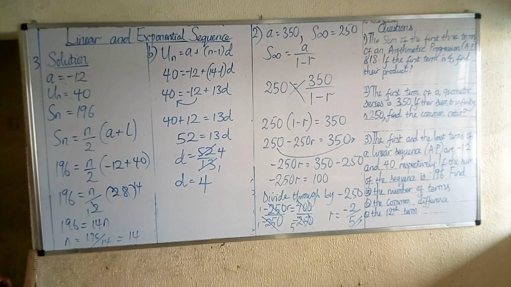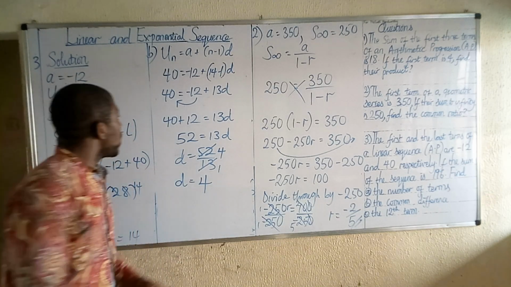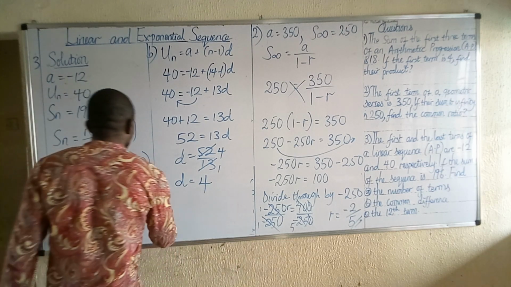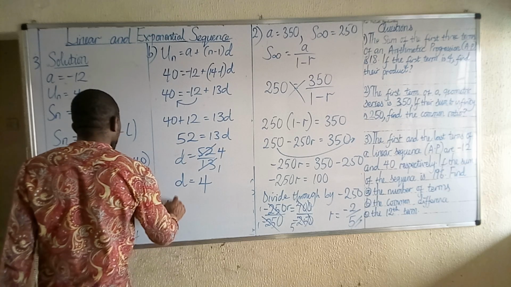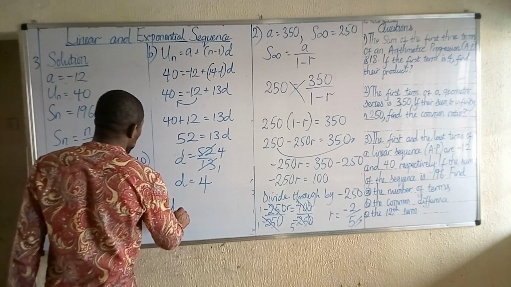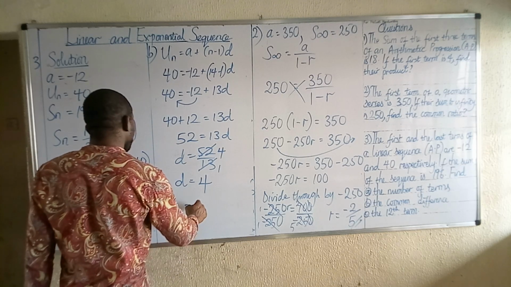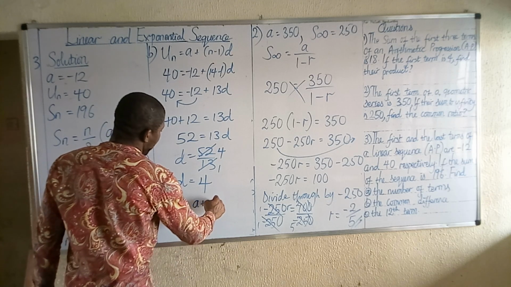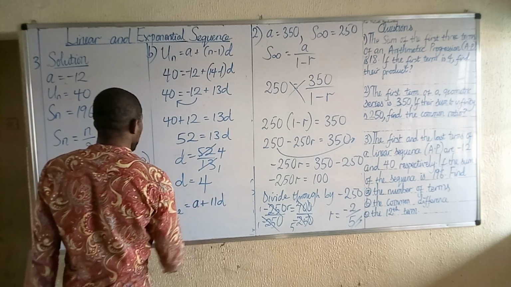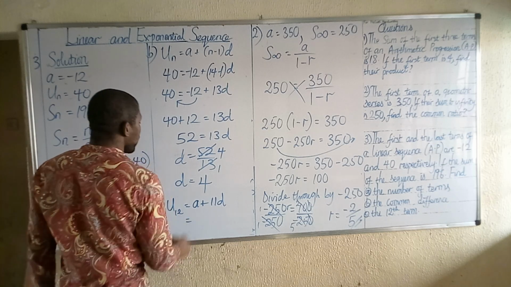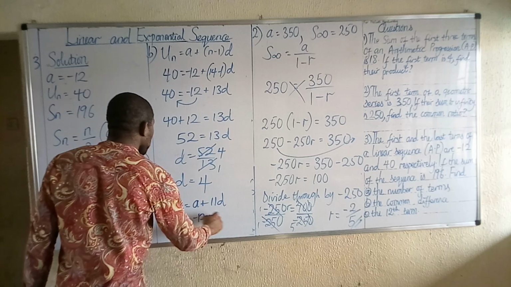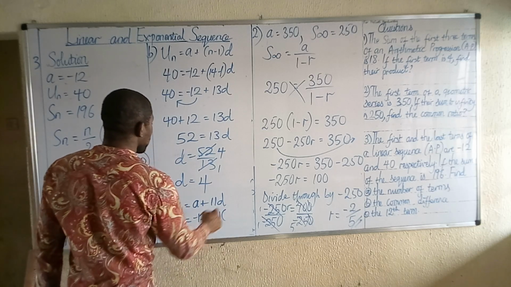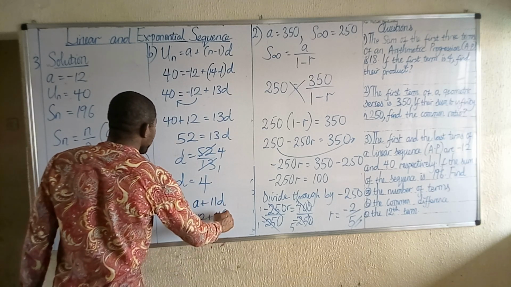We are putting the common difference. The next one is U12. Let's call it C, the 12th term. We are looking for the 12th term. So the 12th term will give us U12 equal to A plus 11D. From here, A is negative 12, plus 11 times the common difference, which is 4.